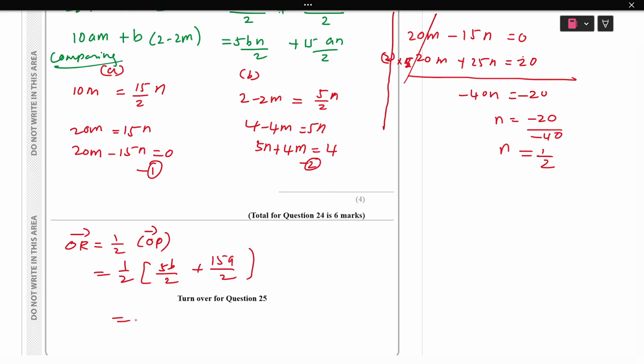So the final answer is 5b by 4 plus 15a by 4. OR equal to 15a by 4 plus 5b by 4. This is the final answer for this question.